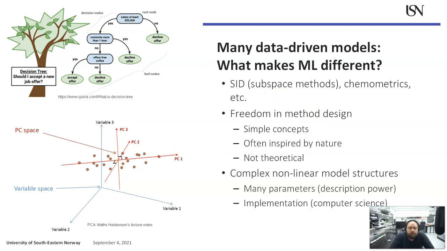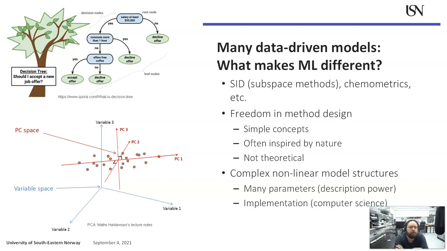Another thing is that the model structures that we use in machine learning tend to be very complex nonlinear model structures. Although the individual components are simple, like decision trees, where it's just questions and answers, you can imagine that if you have hundreds of these questions stacked on top of each other, with maybe thousands or millions of possible routes through the tree, that becomes a very complex structure. And on top of that, you very often have multiples of this tree.